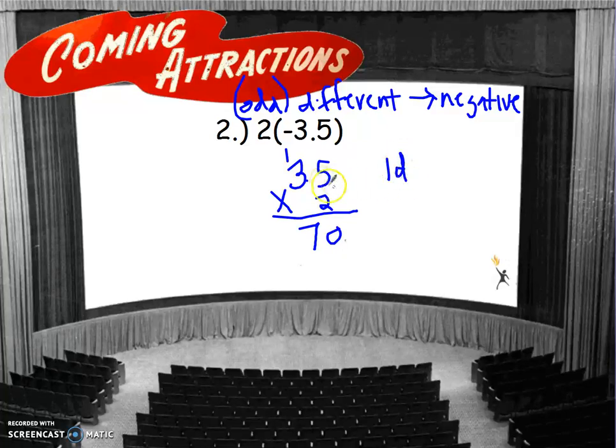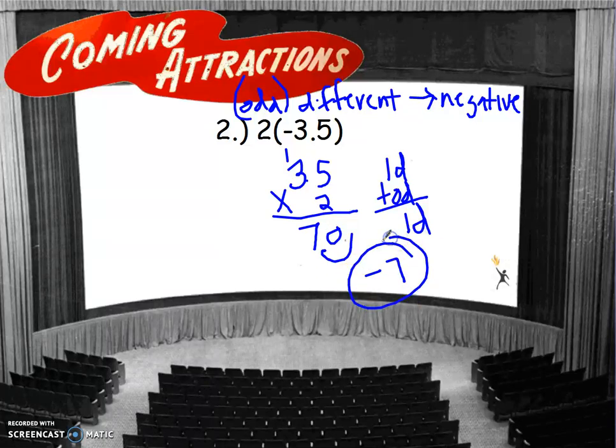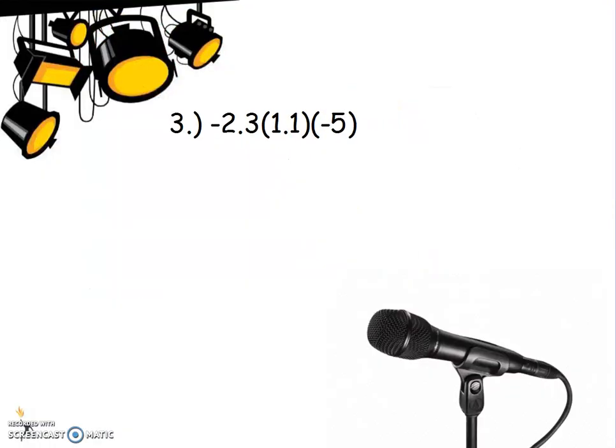This is 1 place value to the right of the decimal, 0 place values to the right of the decimal. We're going to hop right to left 1 place, and we're going to get -7, a whole number.